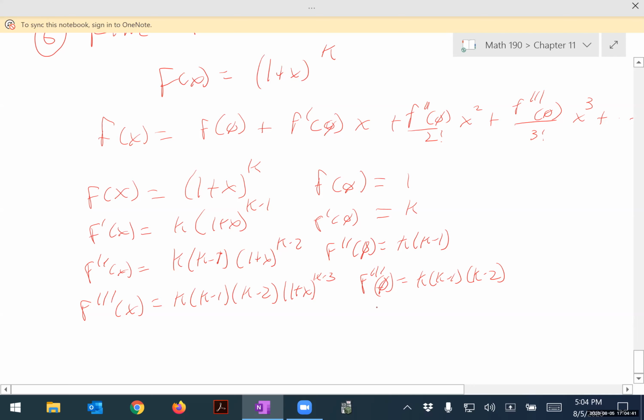So what would the nth derivative be here? The nth derivative would be k times k minus 1 times k minus 2 all the way to, for the third, it was the second. So what I'd want is k minus n plus 1.